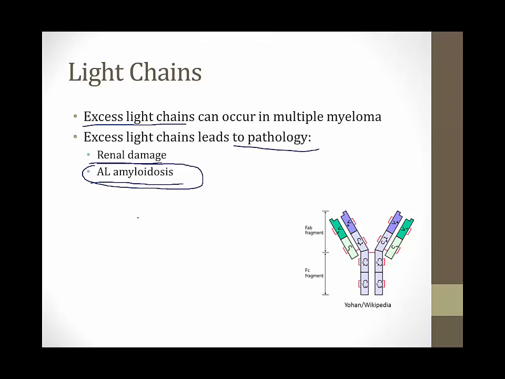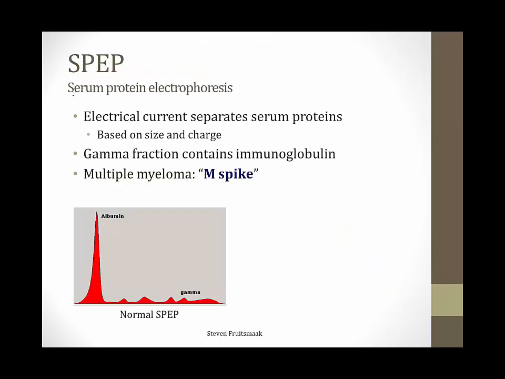There's an important diagnostic test used to identify the excess immunoglobulin production that occurs in multiple myeloma, and that test is called serum protein electrophoresis, or SPEP. In this test, an electrical current is applied to a sample of blood to separate the serum proteins based on size and charge. The results are typically diagrammed like I've shown on the bottom left side of the screen. There's a large spike representing albumin.